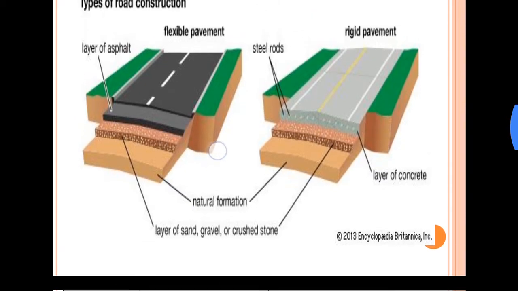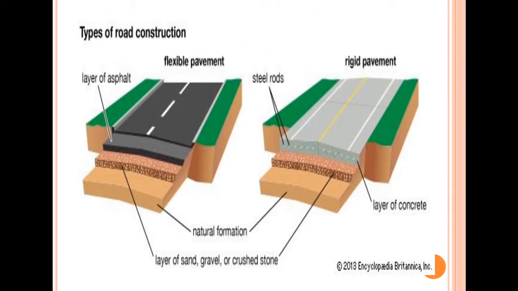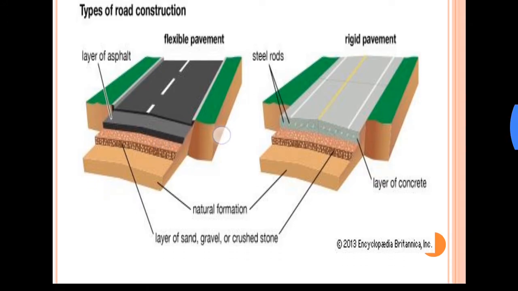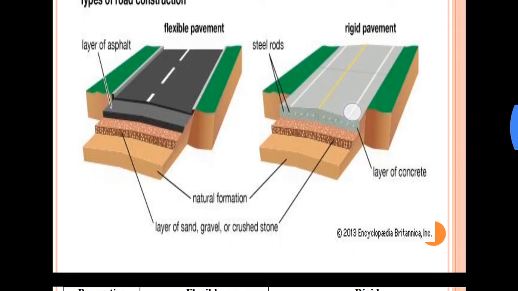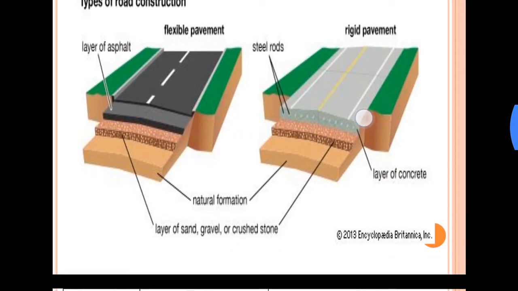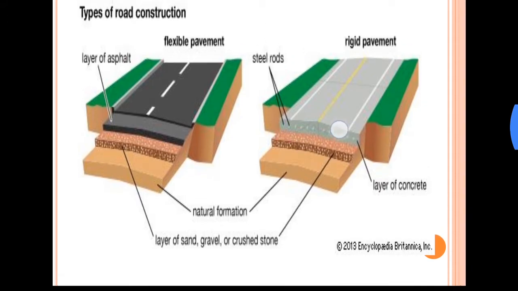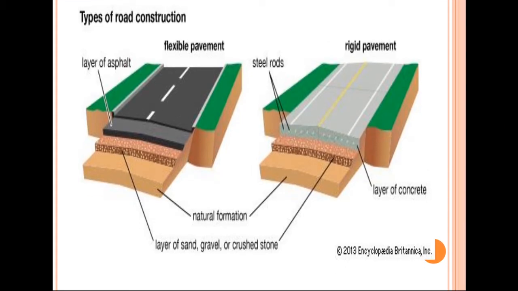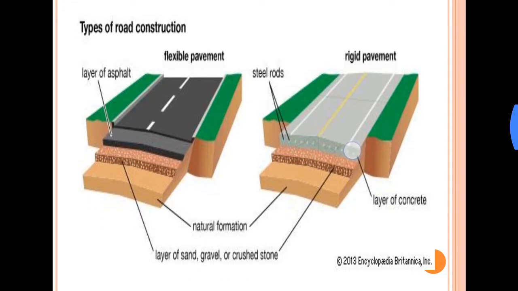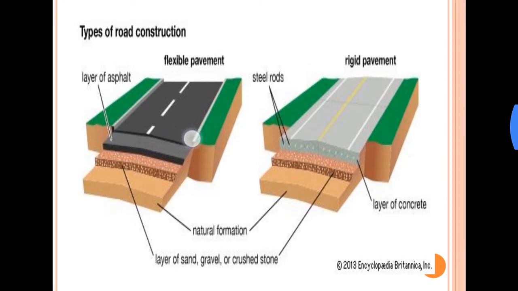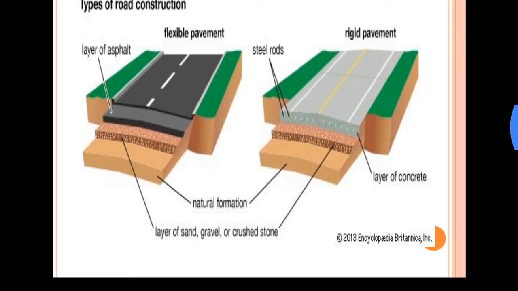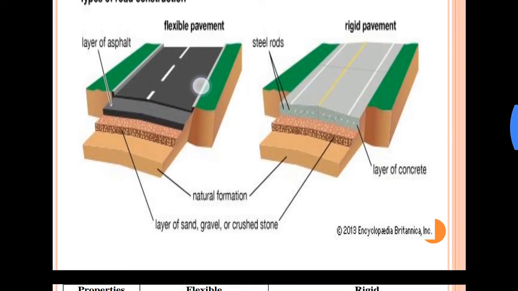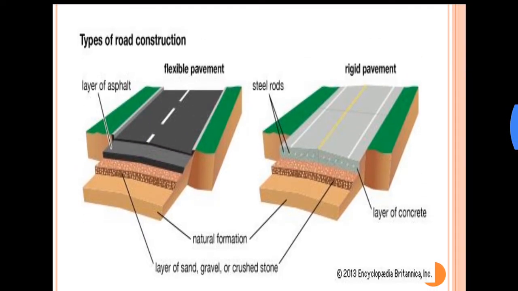Then the difference is that instead of the bituminous layer, here we are providing cement concrete, which could be reinforced with steel rods, or plain concrete, or pre-stressed concrete. And in the flexible case we have a layer of bituminous concrete or asphaltic concrete, and to top it we have seal coat.